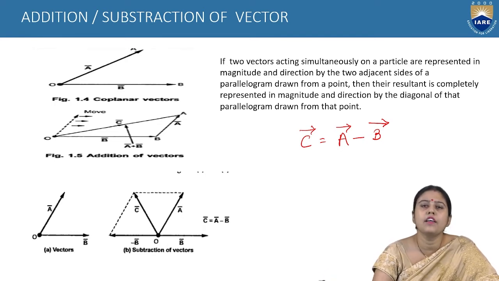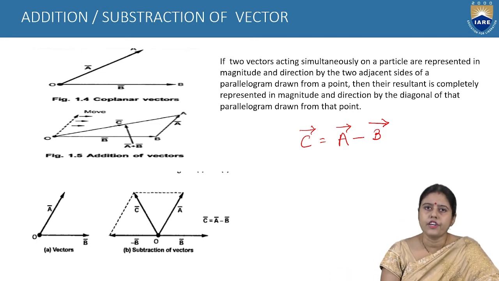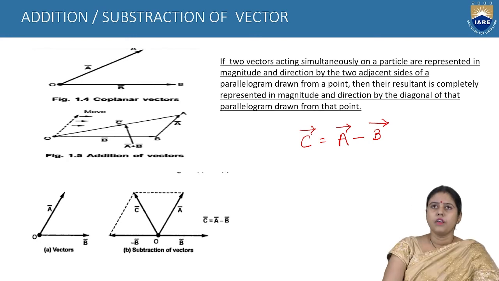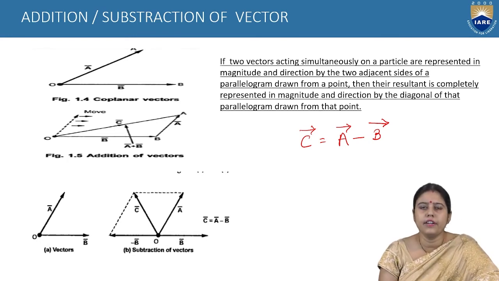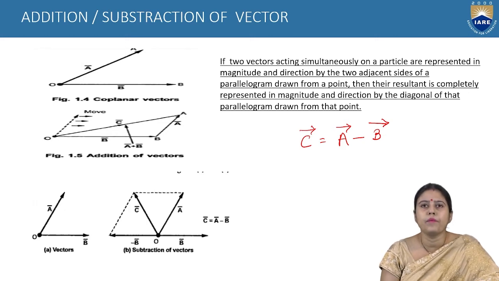Now, similarly, using the parallelogram law, we can calculate the diagonal value, and the diagonal is the resultant or subtraction of two vectors. So, if two vectors acting simultaneously on a particle are represented in magnitude and direction by two sides of a parallelogram, we can calculate the resultant using the parallelogram law by drawing the diagonal.